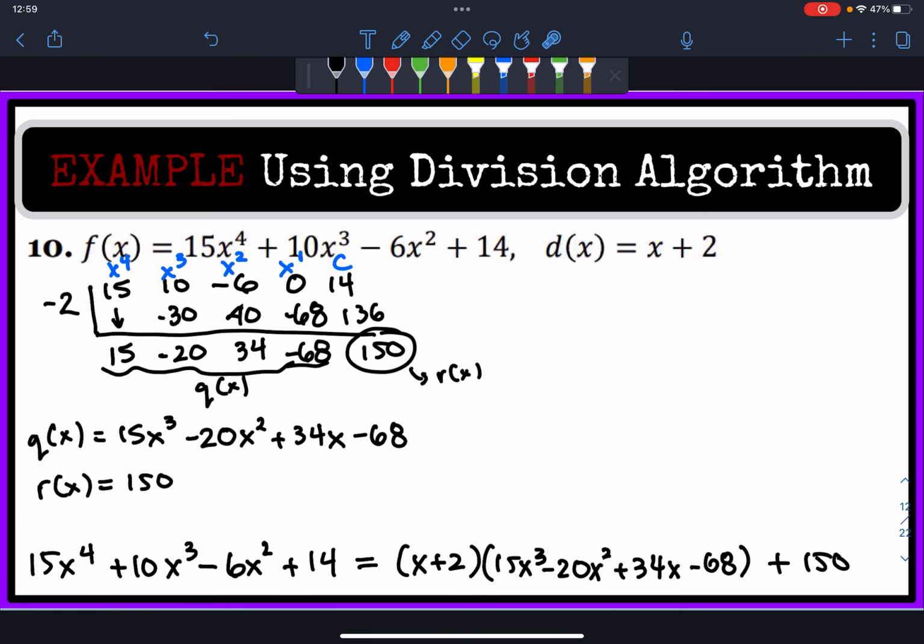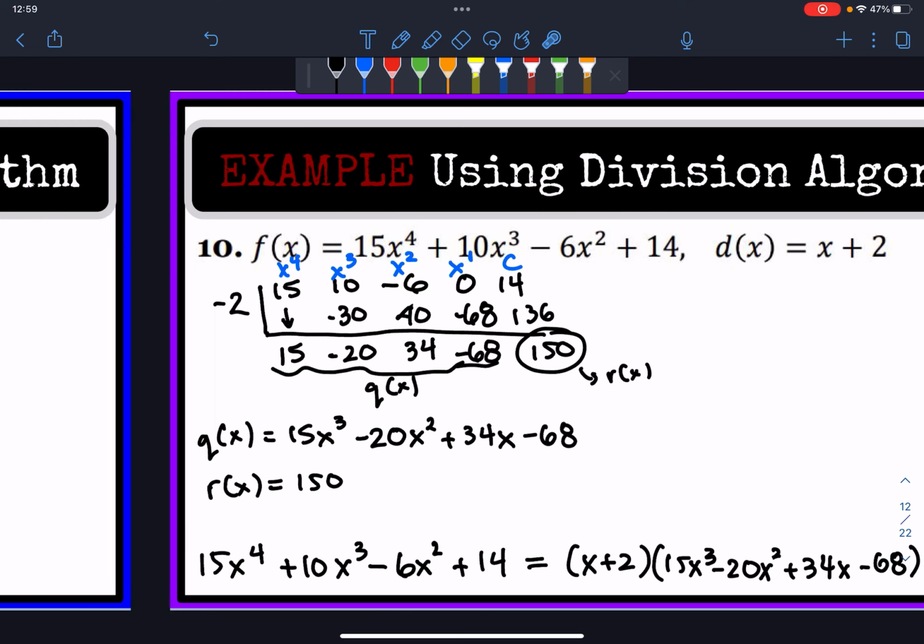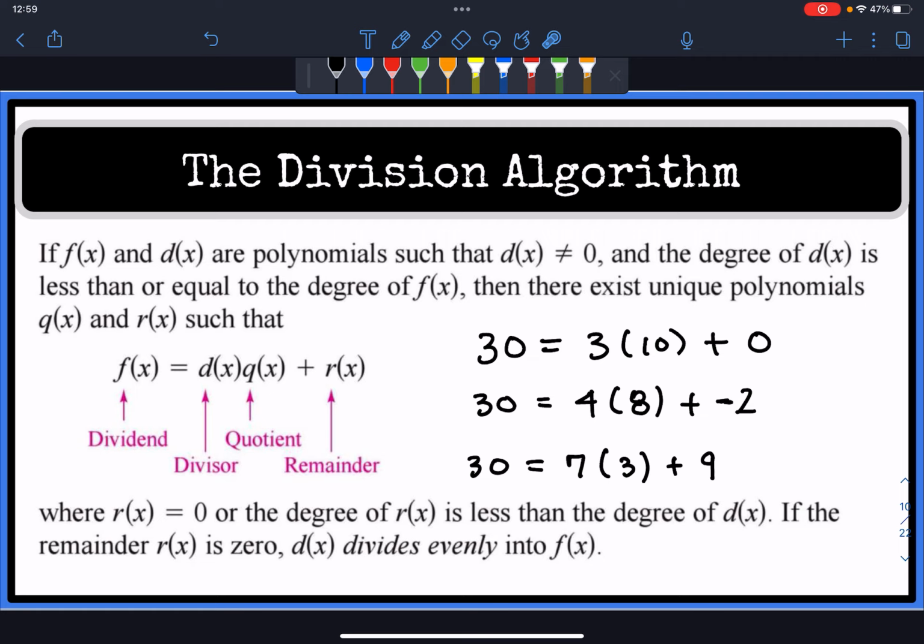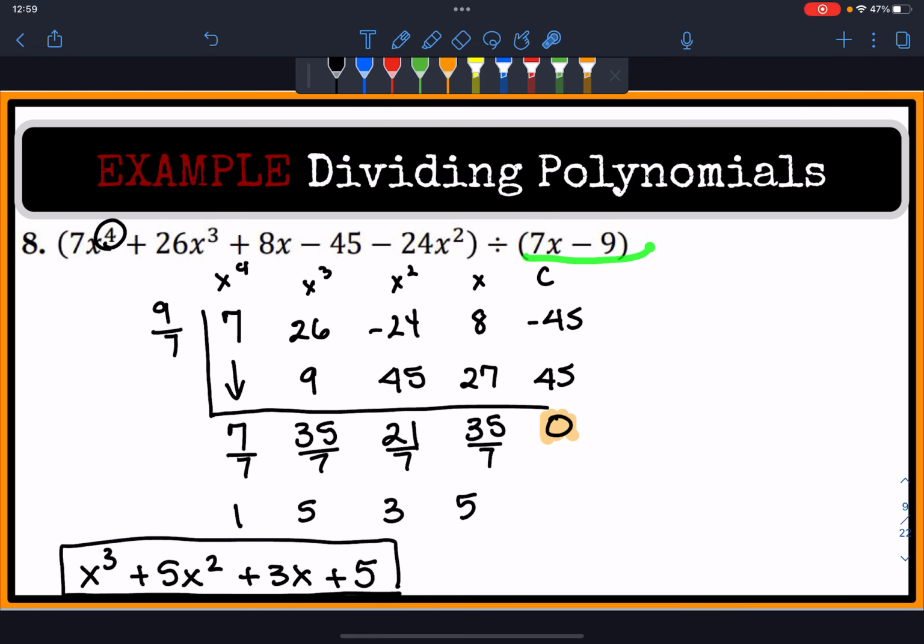Okay, well, this concludes again our lesson on 2.4, dividing polynomial functions. Now, even though I only did one example of long division, you'll find it a little bit more convenient to use synthetic division. Just recall that synthetic division only works if our divisor is a linear term, and if our linear coefficient is not 1, we just simply have to divide by that coefficient.